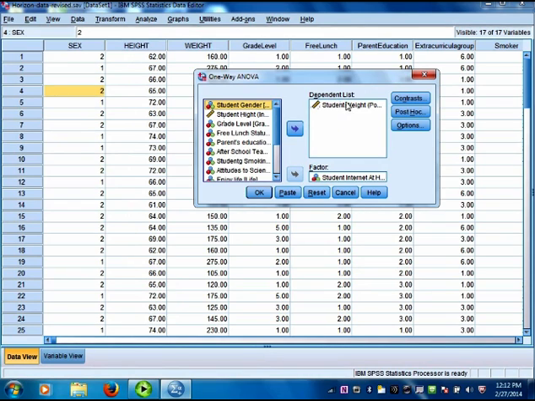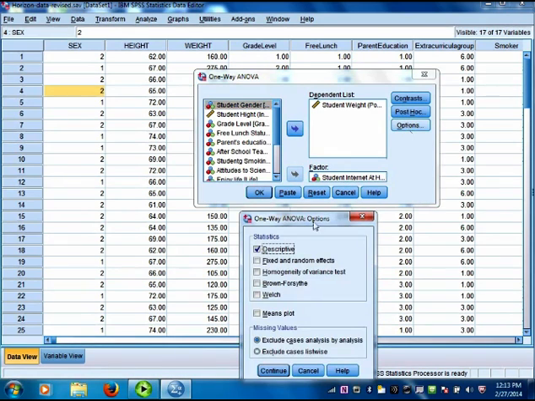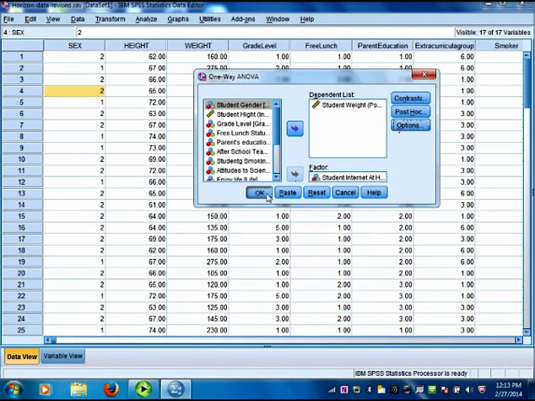For the dependent variable, we determined to use student weight, and the independent variable, or influencing variable, would be student internet access at home, with more than two categories: easy access, no access, and limited access. And you can go to option and click on descriptive, so it gives you descriptive data also. So you hit continue and then hit OK.